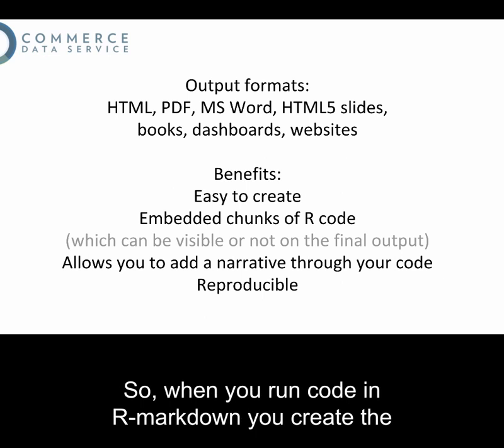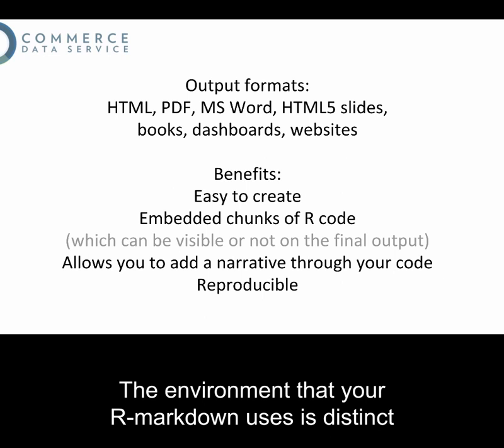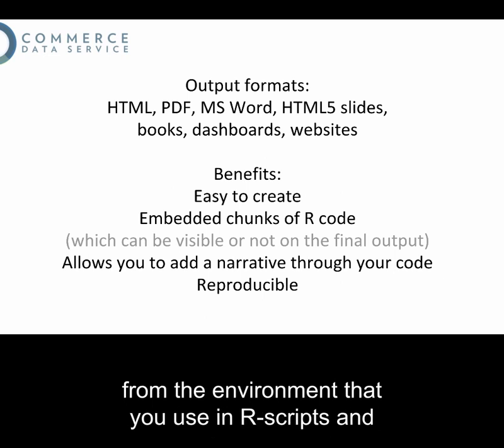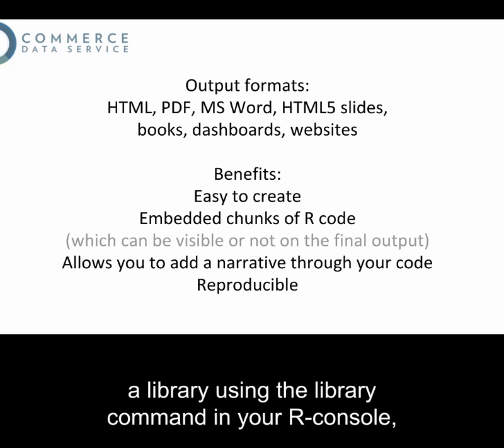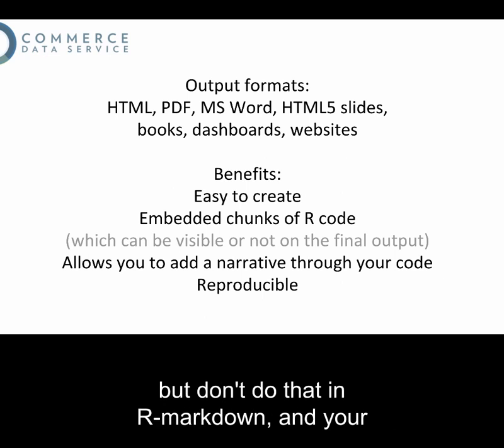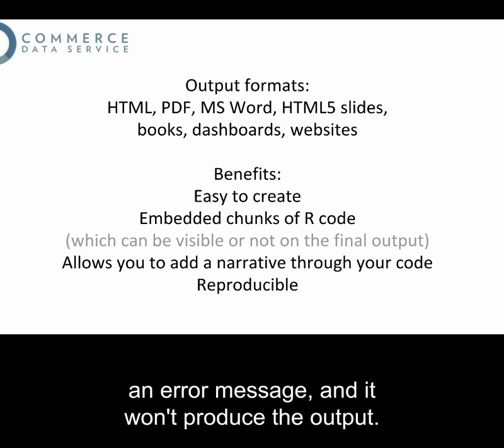So when you run code in an R Markdown, you create the HTML output by knitting your R Markdown. The environment that your R Markdown uses is distinct from the environment that you use in R scripts and just like in the console, which means that if you load a library using the library command in your R console, but don't do that in R Markdown, and your R Markdown uses that library, like ggplot2, you'll get an error message and it won't produce the output.